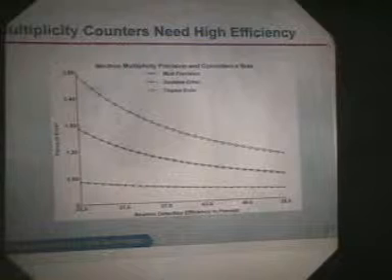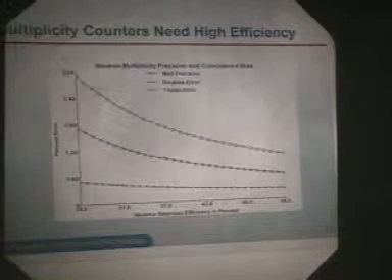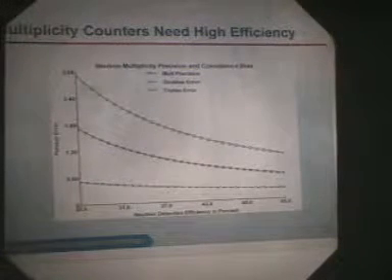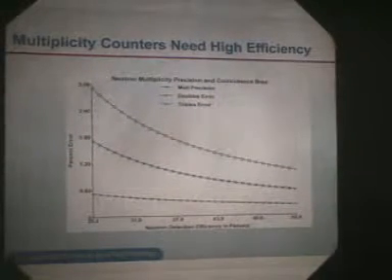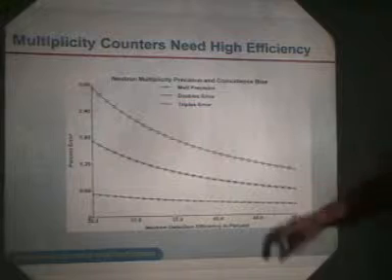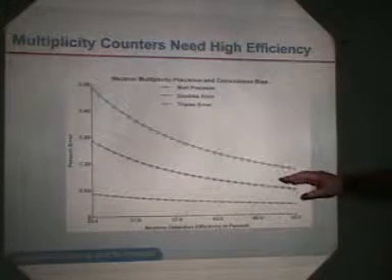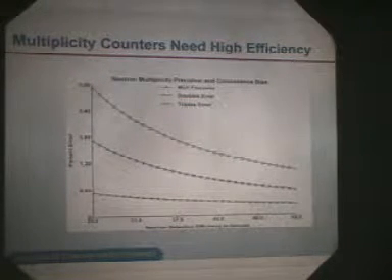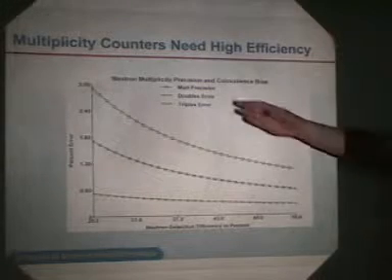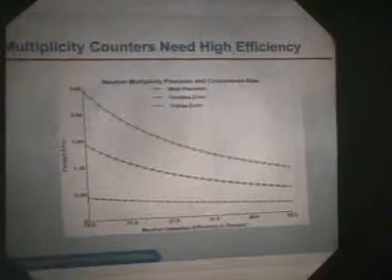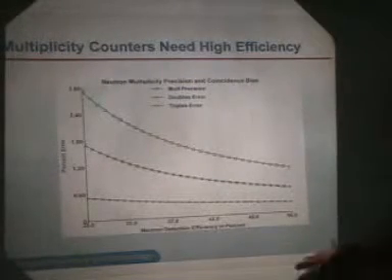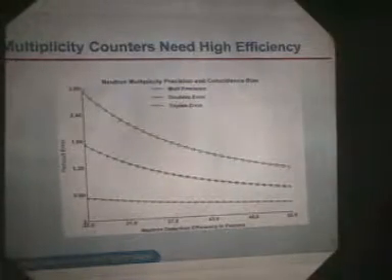Again, I'm taking nominal sets of conditions, I think 10 kilograms of material here, and just nominal counting cases. Again, we're showing the percent error, which in this case is the precision. We're looking at the multiplicity error, the doubles error, and the triples error. Multiplicity precision includes singles, doubles, and triples error included through the point model equations. What you see is as you increase efficiency, all of these get better.